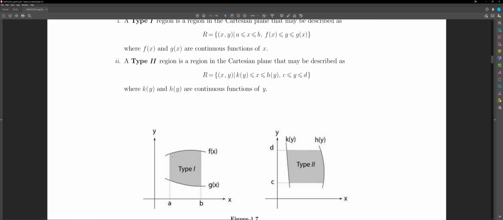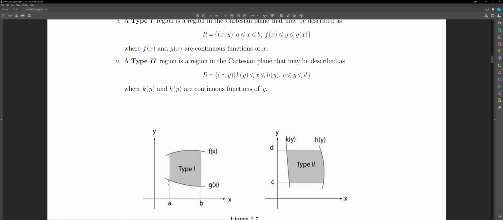And you describe these curves by y is equal to f of x describing your top curve over here, and y is equal to g of x describing your bottom curve over here.